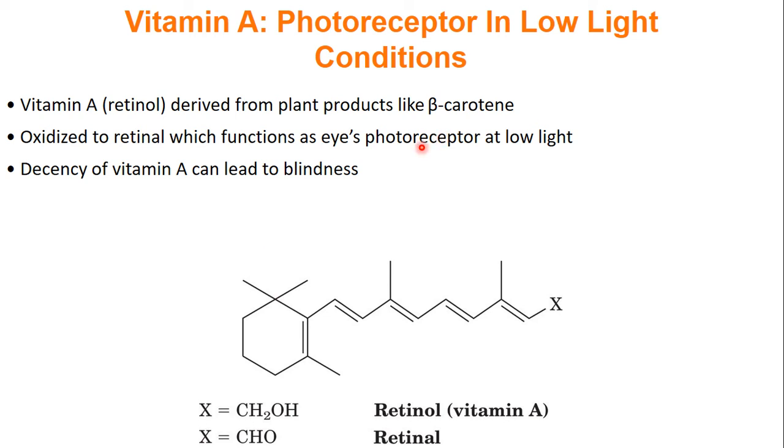Basically, in low light, when you see a light signal, that will cause vitamin A to react, and we have that as a chemical signal to say, oh, there's light around. And if you don't have vitamin A, you can become blind because you cannot detect light photons without vitamin A.